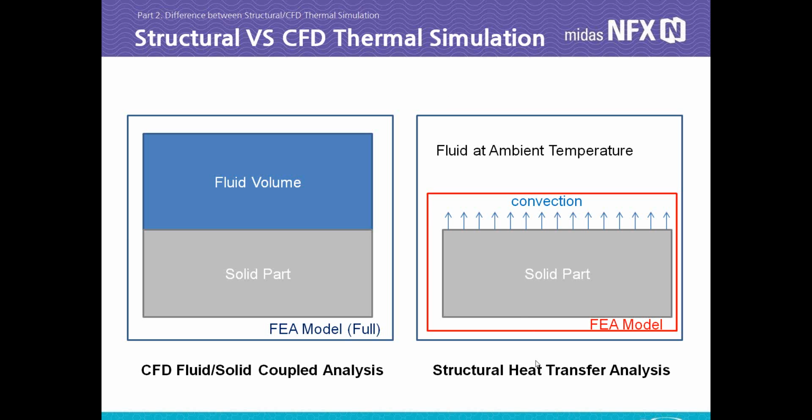When you are doing structural heat transfer analysis, you're only considering the solid parts in your model. So you have the solid volume, you are applying the heat transfer condition, and on the area around the part, you just apply a convection equation, which is defined by the equation I just showed a few slides before.